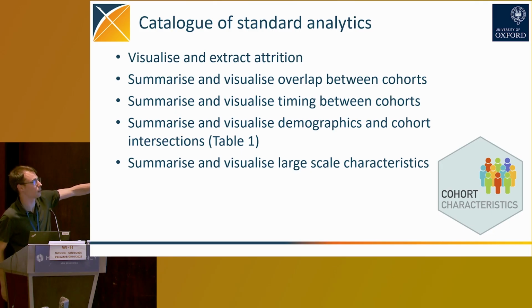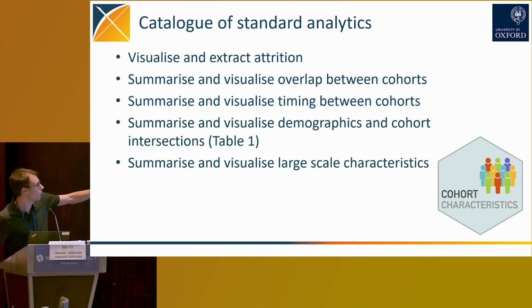The other four are actual analyses. We visualize overlap between cohorts, and you can do this overlap at the person level or also at the index date level. Then we visualize timing between different cohorts, which is quite interesting when you want to see if some events come before the other.